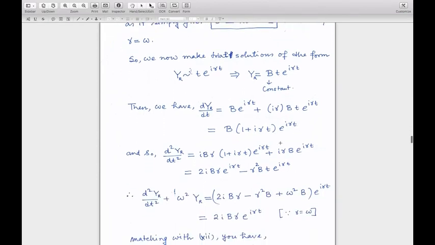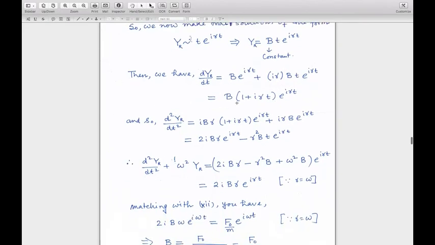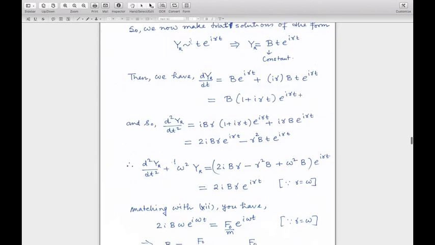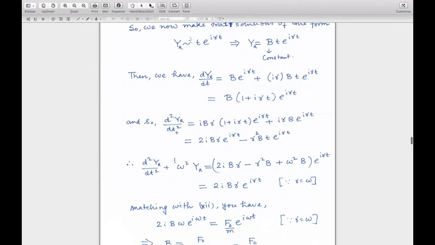You do all these algebraic manipulations. I am not going into the detail, and you will have dy_r/dt = b(1 + iγt) e^(iγt), and d²y_r/dt² will be 2ibγ e^(iγt) − γ² bt e^(iγt).